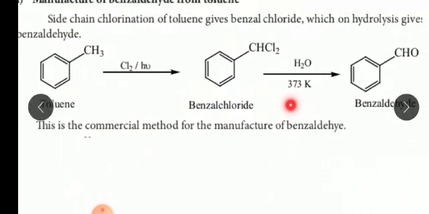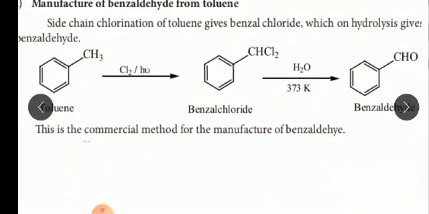It undergoes hydrolysis at a temperature of 373 Kelvin. Now here H2O, we can separate into H plus and OH minus, isn't it? Now this is hydrolysis.